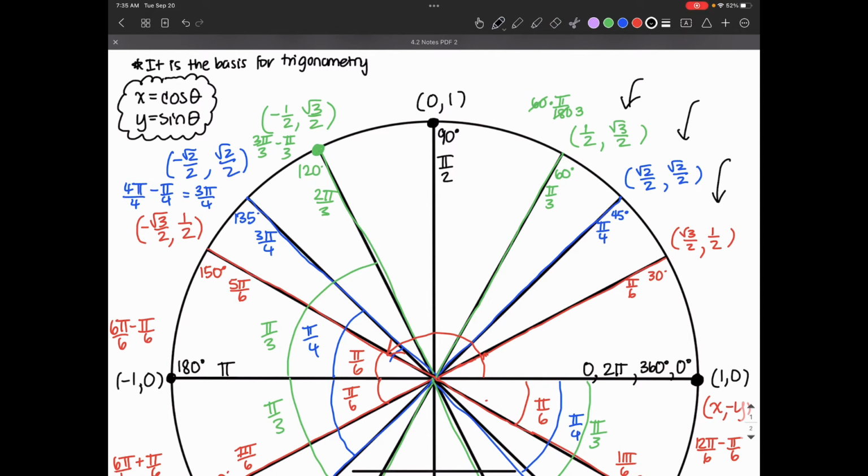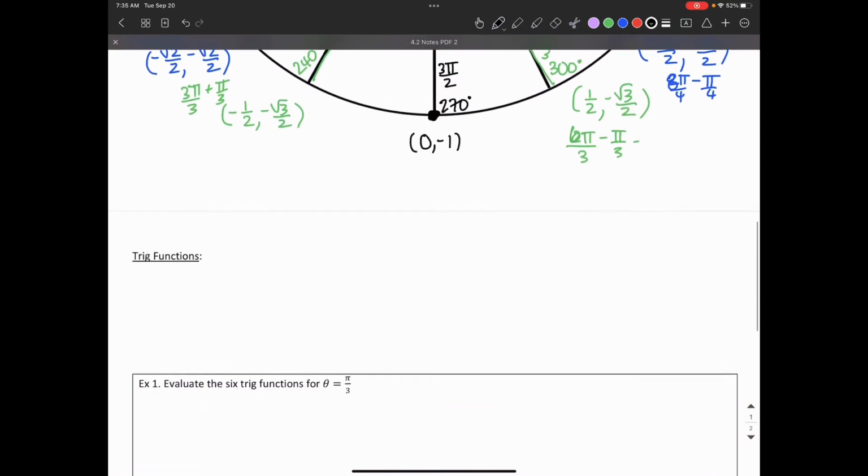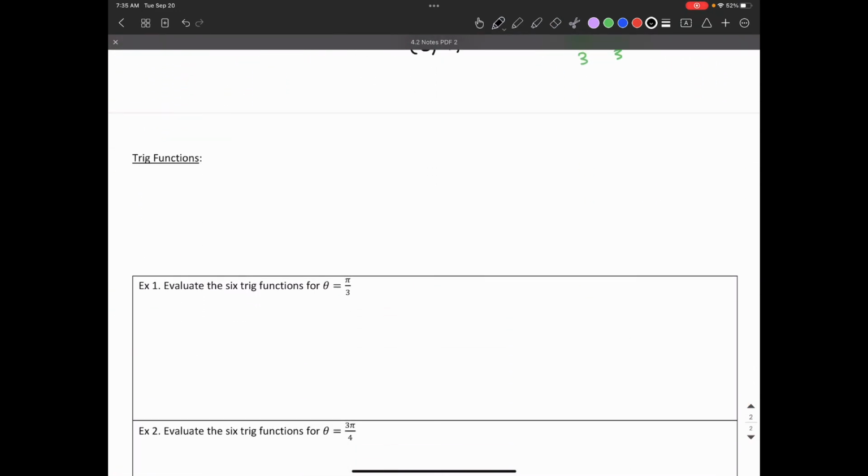Okay, next, trig functions. The ones that we talked about were cosine, sine, and tangent, the first 3. And then we also talked about cosecant, secant, and cotangent. I want to talk about them in terms of the unit circle.